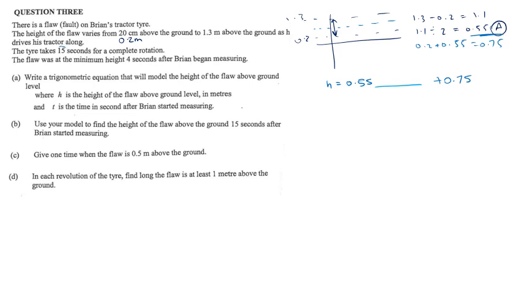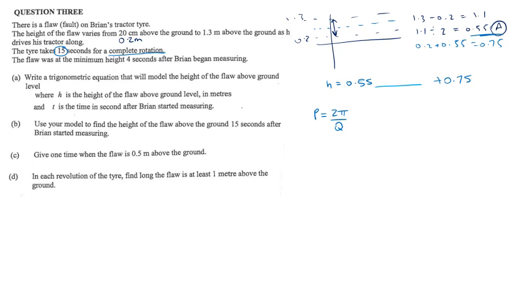This part in here, the 15 seconds for a complete rotation. Now, I always go back to the formula where the period is 2 pi divided by the frequency. If you have a sine of 2x graph, then the period is 2 pi divided by 2, which is pi.